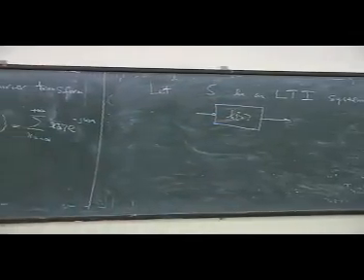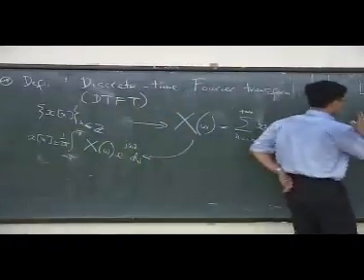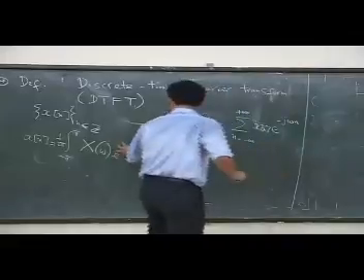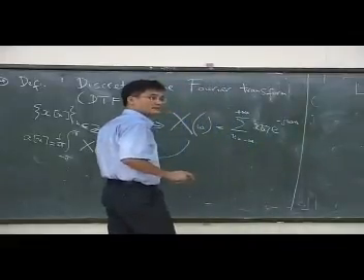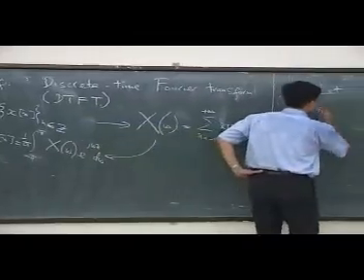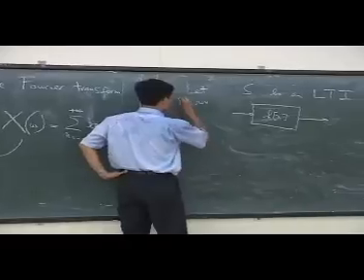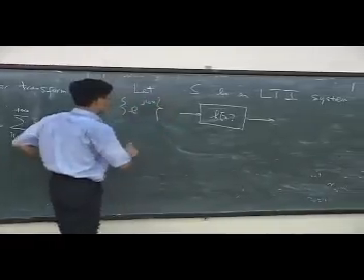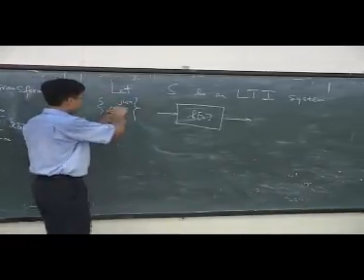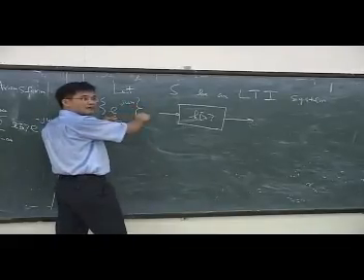On this formula, I'm going to take each of these components as one basic signal, the signal e^(j omega n).